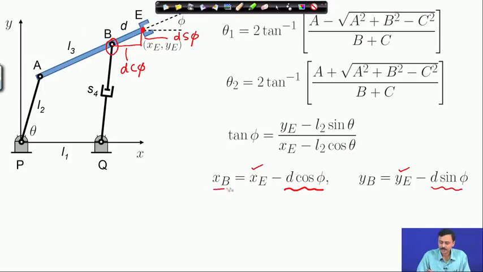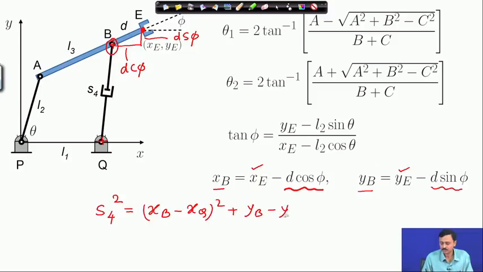So, I know the coordinates of point B. Once I know coordinates of point B, I also know coordinates of point Q. Therefore, I can now find out this length S 4, because S 4 square is equal to x b minus x q whole square plus y b minus y q whole square.